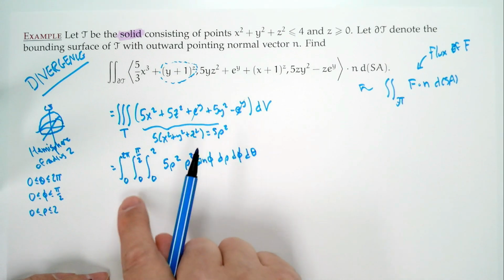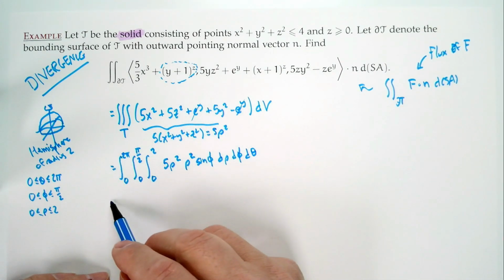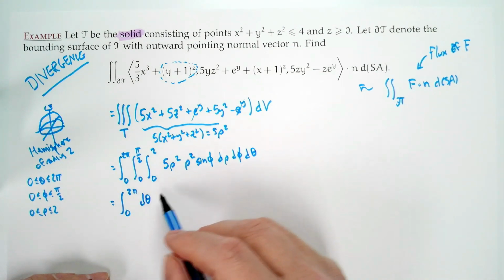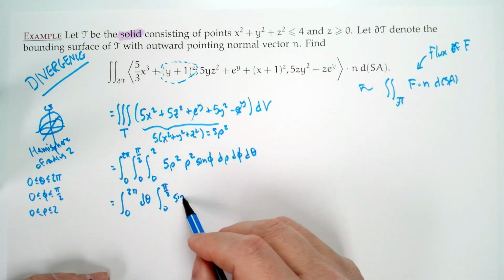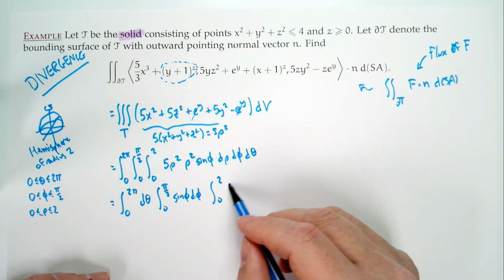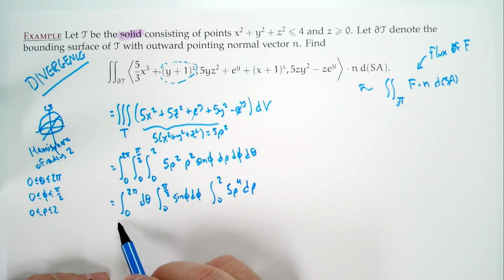Well, we can split these up because these are nice bounds. So really we can split this up into 3 integrals: 0 to 2 pi for theta, 0 to pi over 2 for sine of phi d phi, and 0 to 2 for 5 rho to the 4th d rho.